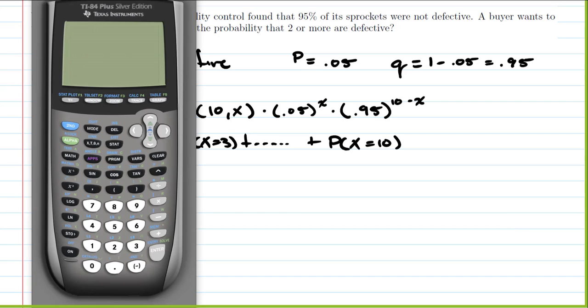Well, we have our calculator, so this isn't going to be terrible. And there's more than one way to do this, as always. So let's just edit this thing. So 10 choose x. My probability of success is 0.05, and the probability of failure is going to be 0.95 to the 10 minus x.